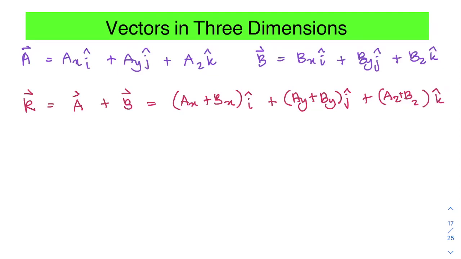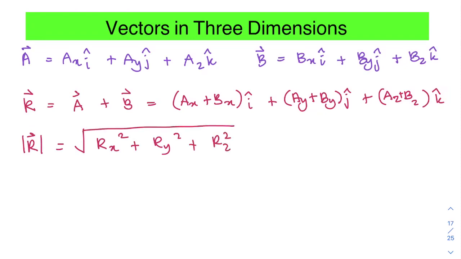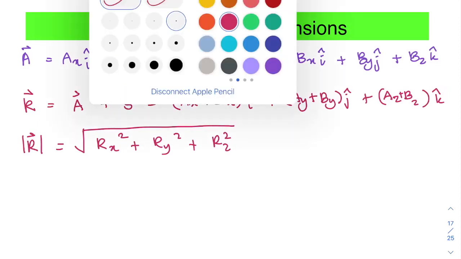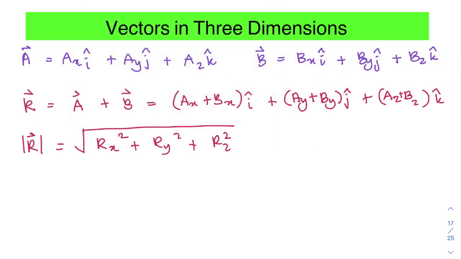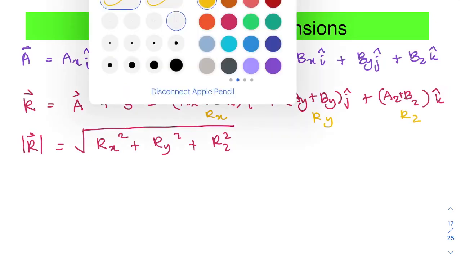Right. So the magnitude of your resultant, the R, is square root of Rx squared plus Ry squared plus Rz squared. Which one is your Rx, Ry and Rz? This one is your Rx. This one is your Ry. This one is your Rz. Okay.